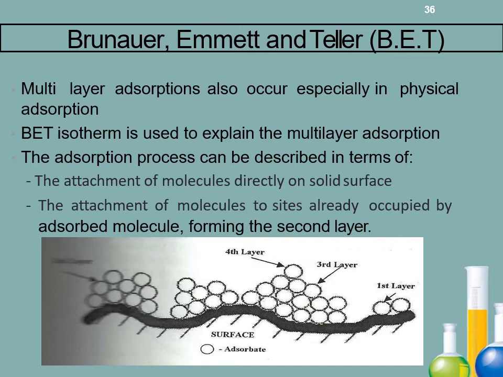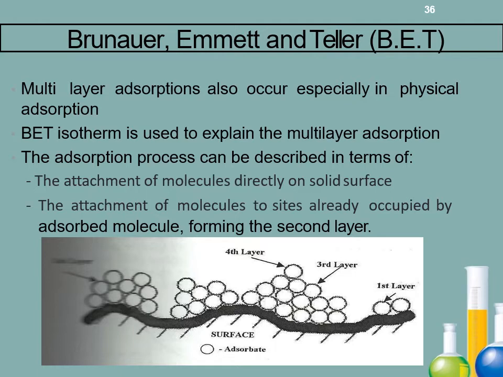Based on the Langmuir isotherm, scientists named Brunauer, Emmett, and Teller came up with a theory we call BET theory that studies the multi-layer adsorption of the surface, whereby the gas molecules can form multiple layers on the solid surface, and multi-layer adsorption occurs especially in physical adsorption.